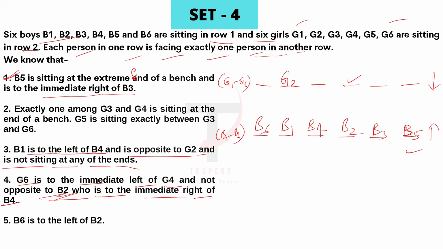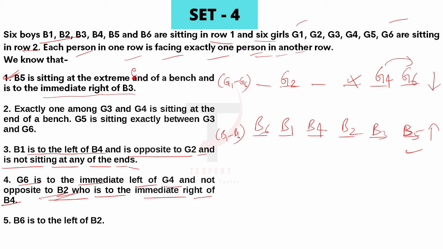Which means if G6 is here, G4 must be here, because G6 is immediate left of G4. Since girls are facing the south direction, the left hand side of G4 will be this side, right? So G6 is to the immediate left of G4.